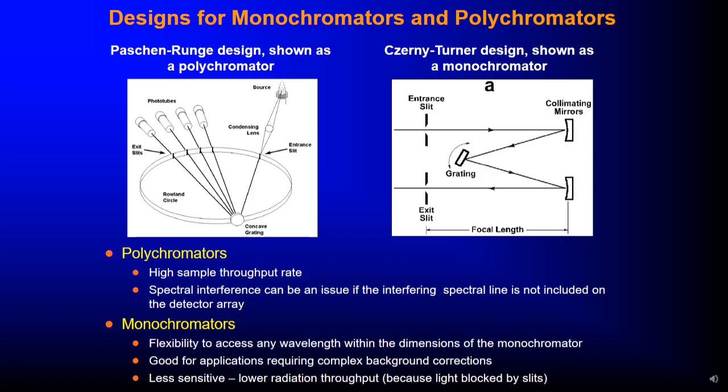Spectral interference can be an issue if the interfering spectral line is not included on the detector array. But for monochromators, there is flexibility to access any wavelength within the dimensions of the monochromator. Good for applications requiring complex background correction, and less sensitive, lower radiation throughput. They are less sensitive.